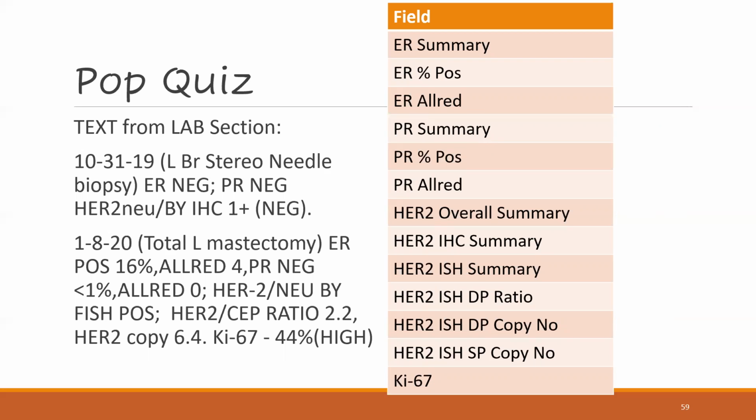I did add the procedure here just so you could see what was done. There is no neoadjuvant therapy between these two procedures. The ER and PR was done on both specimens. So, which do we take?